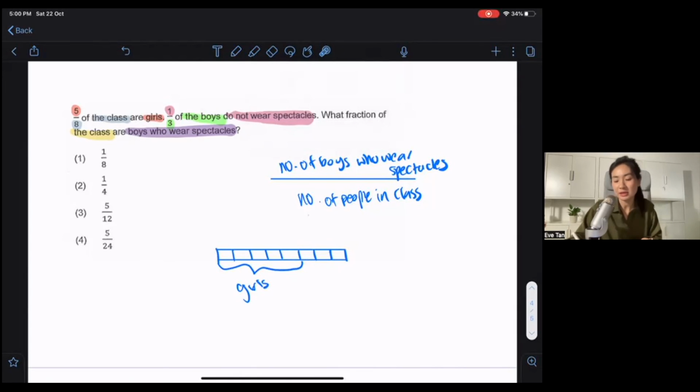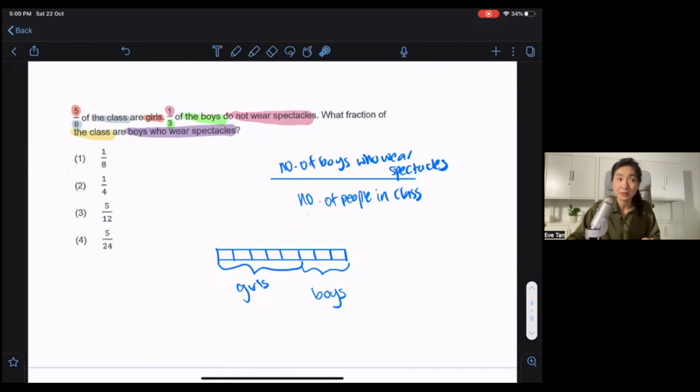You are very lucky in this question that you do not have to change anything. You don't have to cut. Why? Because this fraction here is 3 and in your model is also 3 for boys. Correct? So here will be boys. I have 8 units of people in the class, 5 units referring to girls, 3 units referring to boys, and just nice, the remaining is 3 units who are boys.